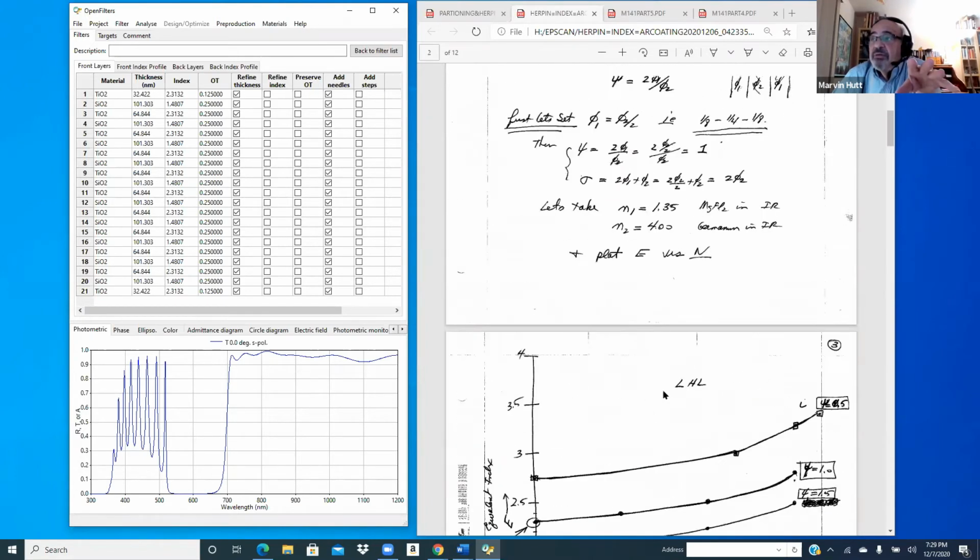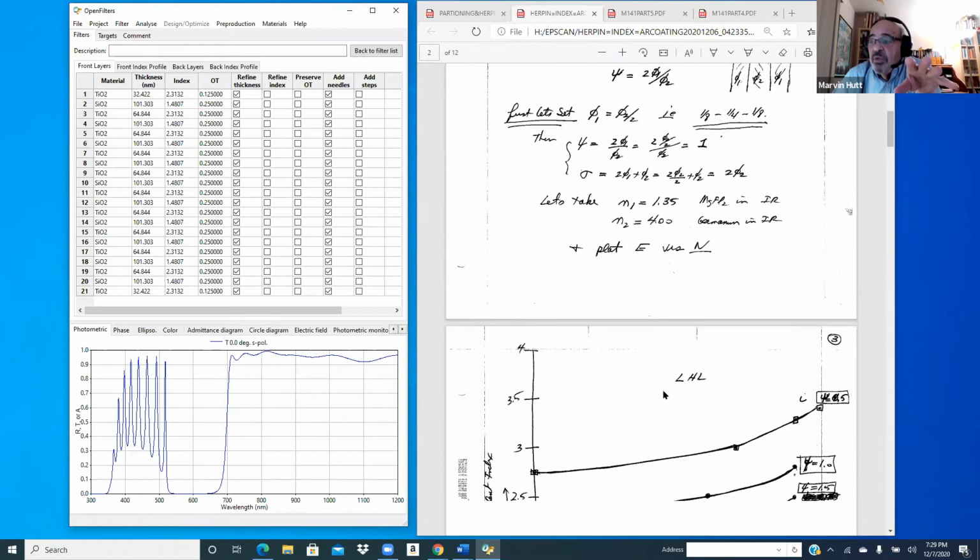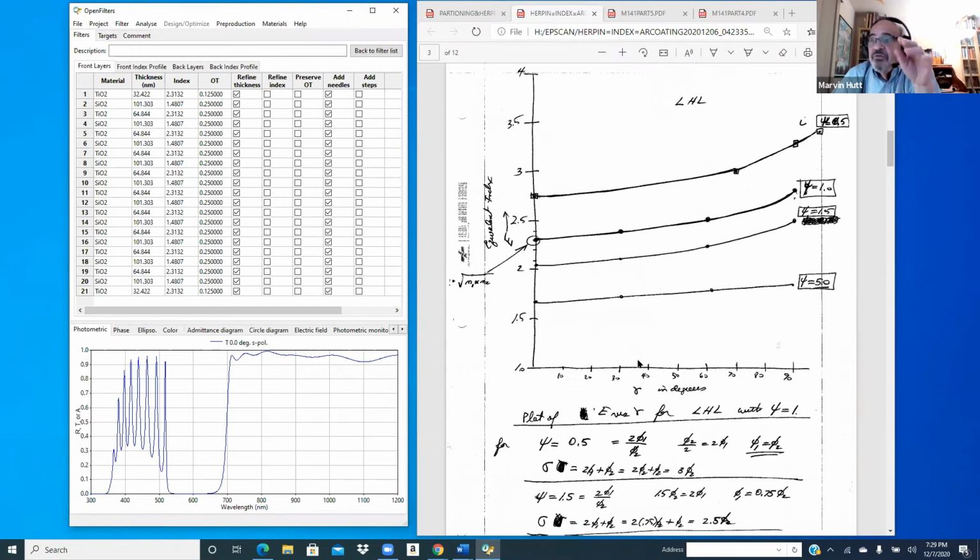So here is the selection we have for the various values. We can select any ratio of psi to produce an index from 1 to 2.58, all the way up to 2.75. So you're on this plot, synthesizing. Yes, we're synthesizing that layer.